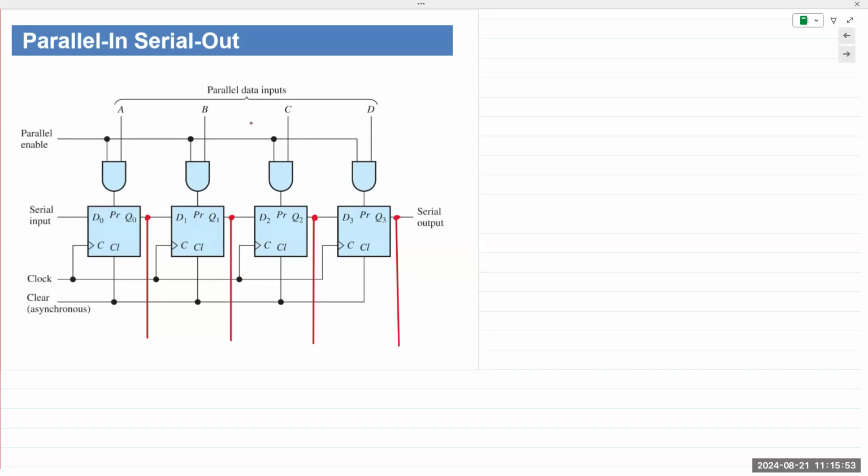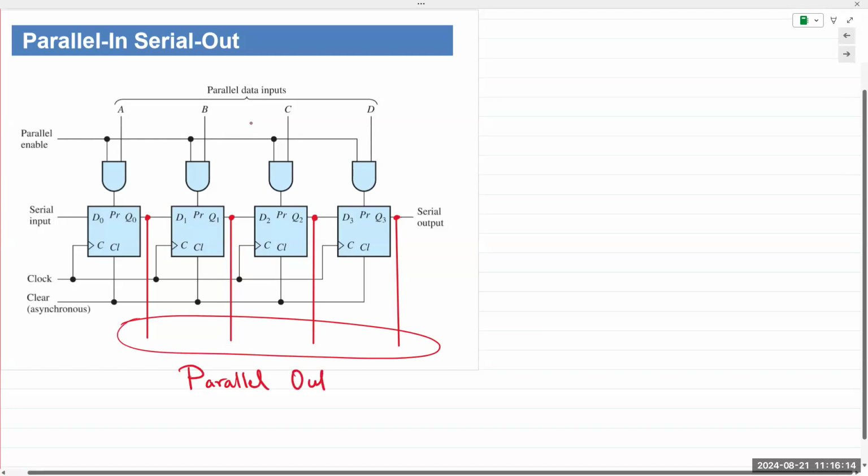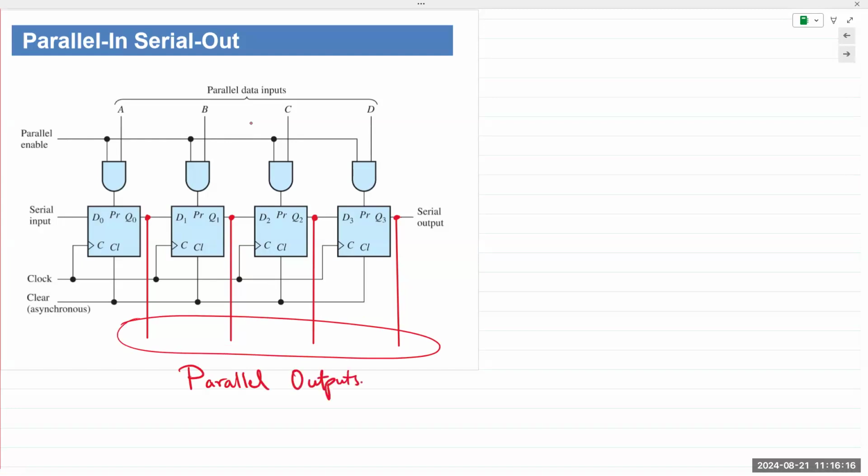Okay. If you take the output serially, parallel in, serial out; take it parallelly, it's parallel in, parallel out. So I would say these outputs, let me just mark it this way. Parallel outputs in the same shift register.